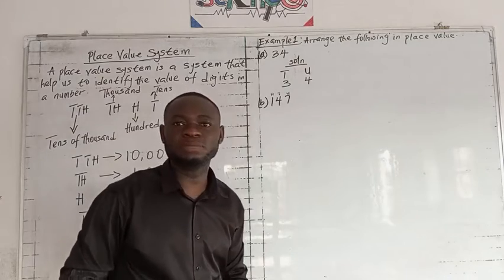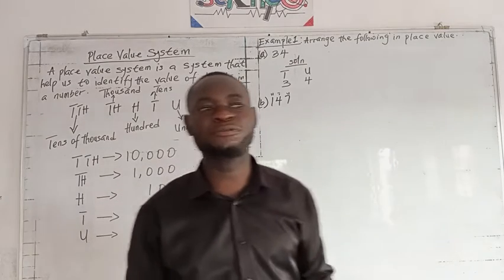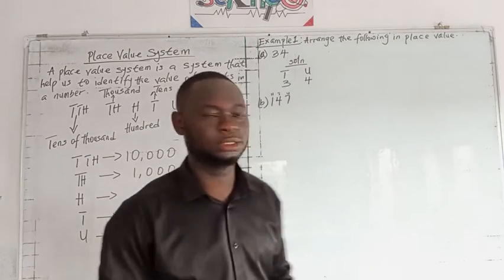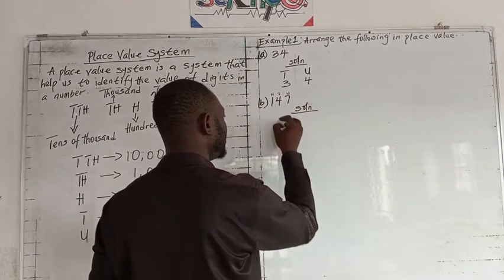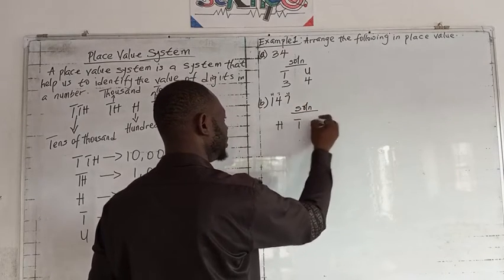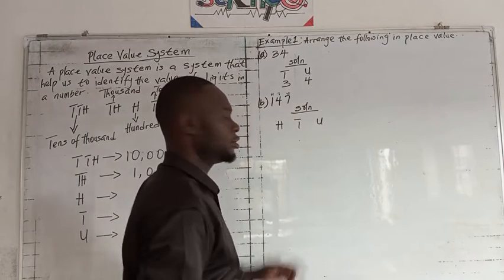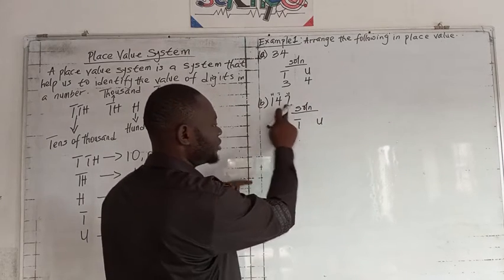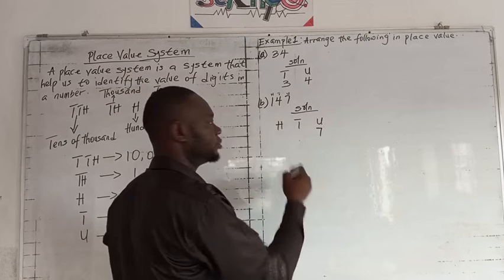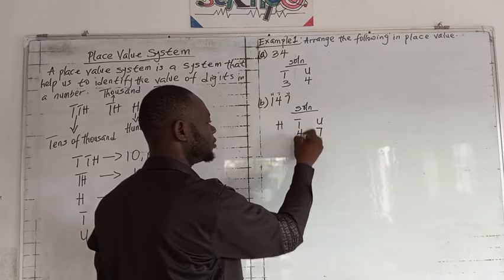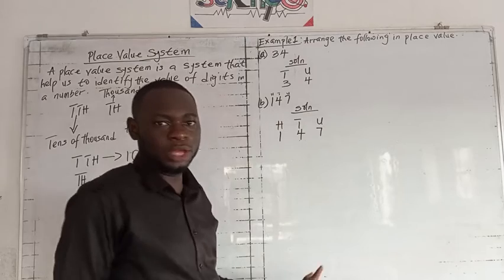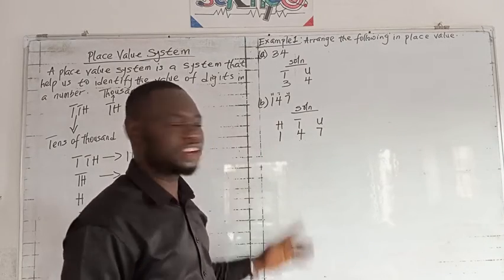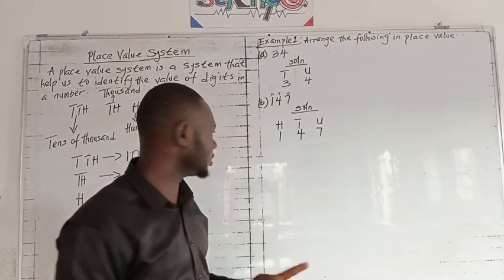In arranging numbers in place value, always start from the unit. So, solution. We have hundreds, tens, and units. 7 comes under U, 4 comes under tens, and 1 belongs to hundreds. We are done. This is how to arrange numbers in the place value system.